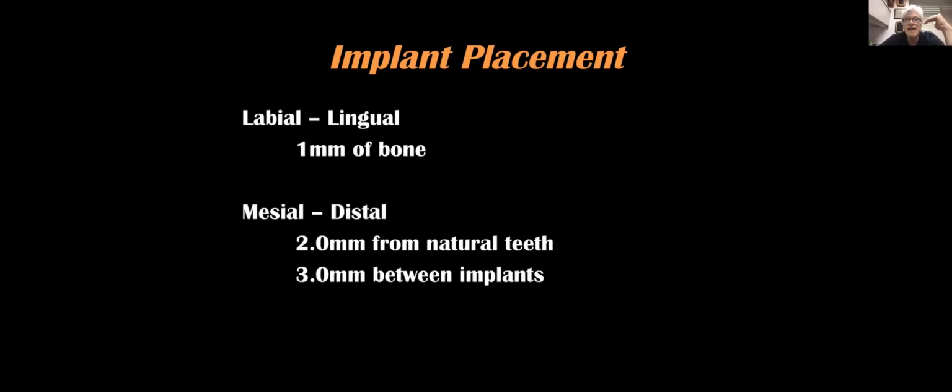We need at least minimally a millimeter of facial or labial bone and lingual bone in the aesthetic zone. The more bone we have, the better the end result. We've all seen cases where an implant is placed in the aesthetic zone in the premaxillary area, and we have gray shadowing, the implant showing through.